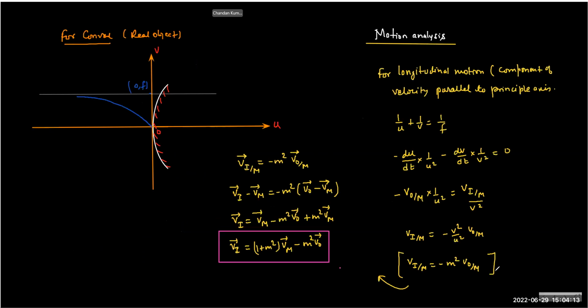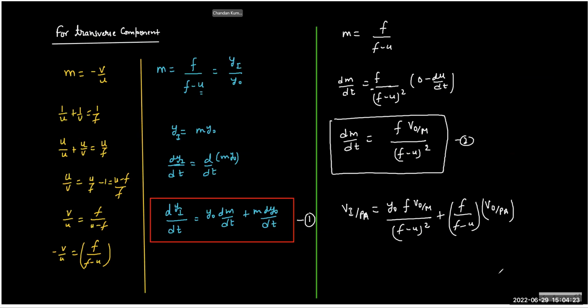So most of the discussion will be based on the longitudinal motion only, because the particle will be moving along the principal axis itself. So there is no distance from the principal axis, and the moment you make the term zero, if y naught is zero, then the term will become zero.